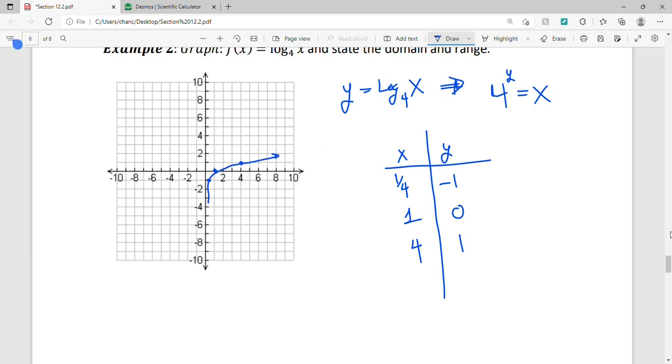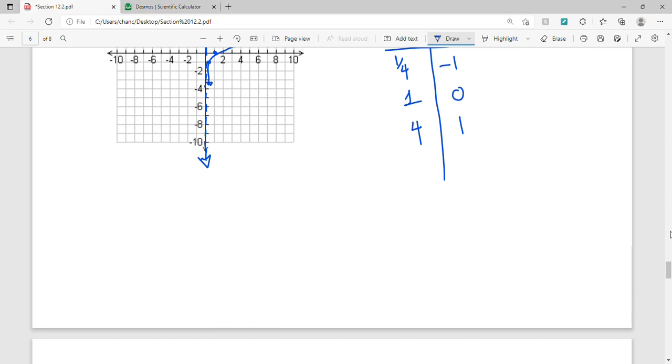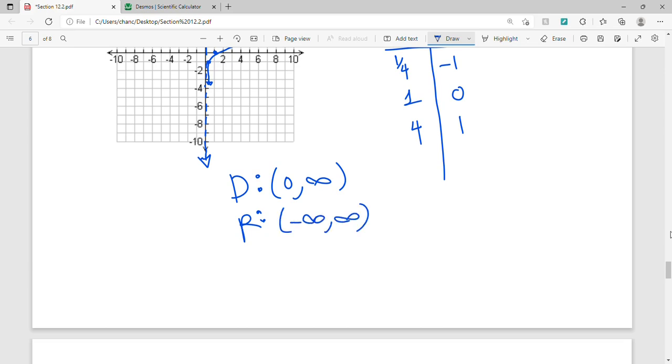It looks kind of like a hockey stick, but we want to include that dashed line. That's our vertical asymptote. And the domain and range is exactly the same as the previous example. It goes left to 0 but doesn't touch 0. It goes to the right forever. The range is from -infinity to infinity. It goes down forever and up forever.